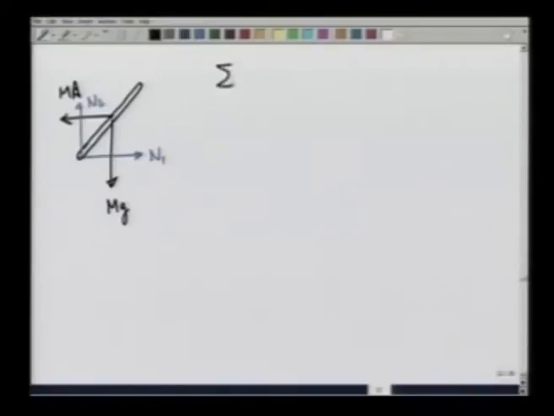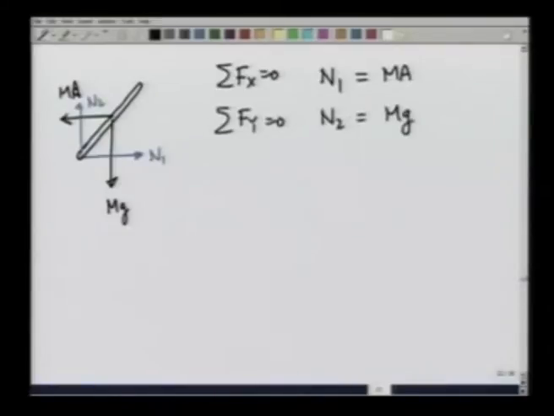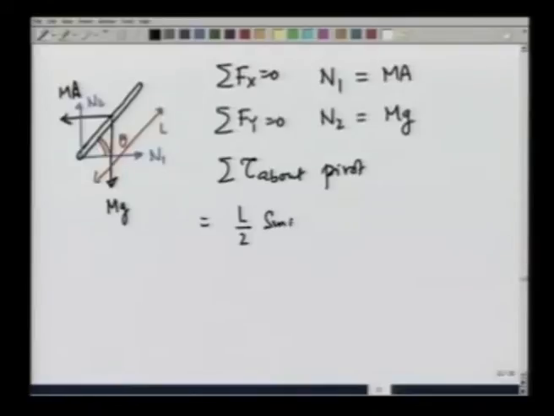Summation Fx equals 0 gives me n1 equals ma, summation Fy equals 0 gives me n2 equals mg, and summation of torque about the pivot gives me, if this angle is theta and the length of the rod is L, L over 2 sin theta times ma minus mg times L over 2 cosine of theta equals 0.